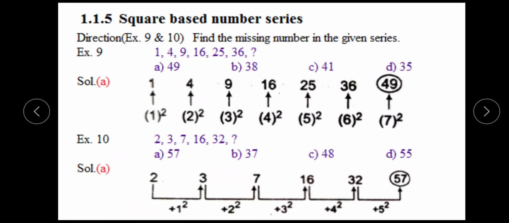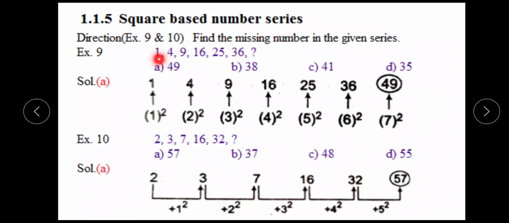Square based number series. In the square based number series also, the questions are of two types. It means the series can be of squares, the square of natural numbers or integers, and the gap can also be squares. The question is 1, 4, 9, 16, 25, 36.